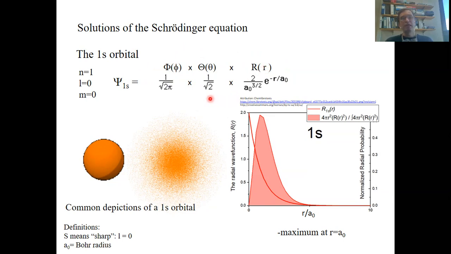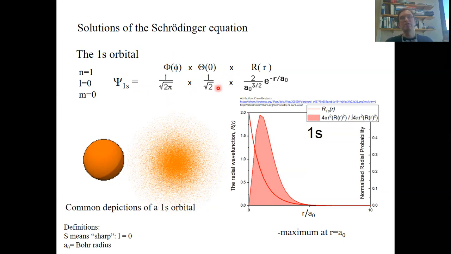Let us look first at the angular part of the wave function. We see that it is only a simple number, or the product of two simple numbers, which again gives a simple number. Namely, it's 1 over the square root of 2 pi times 1 over the square root of 2. So that gives a simple coefficient.